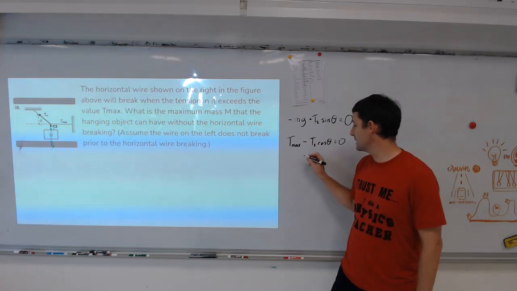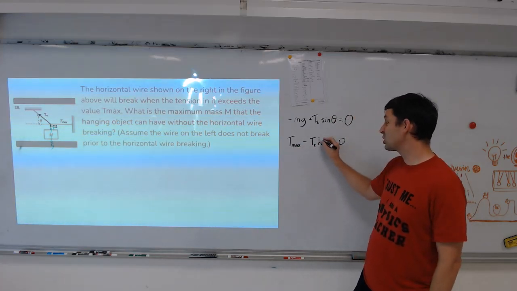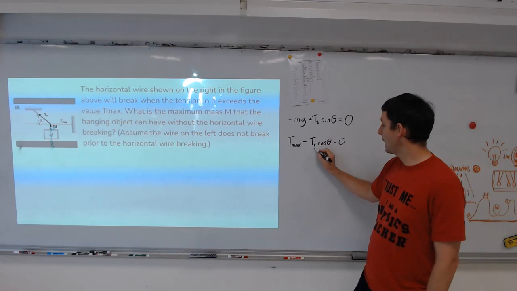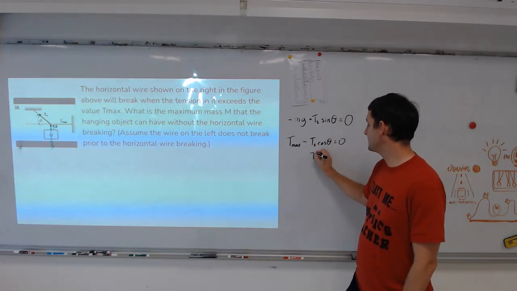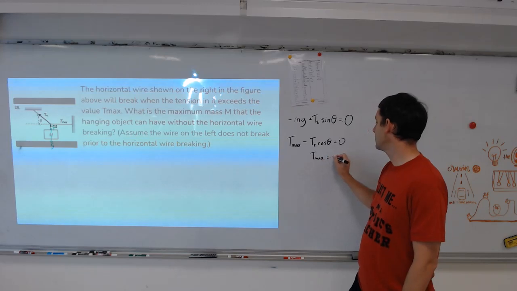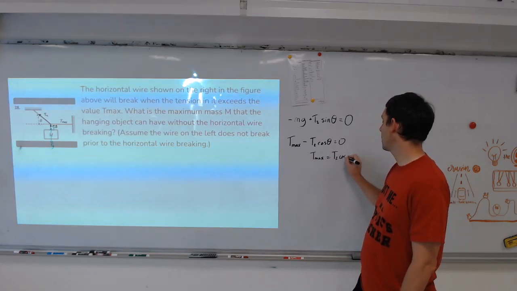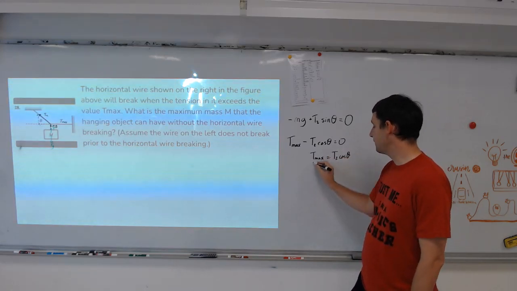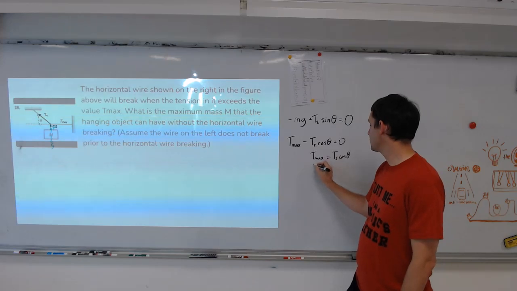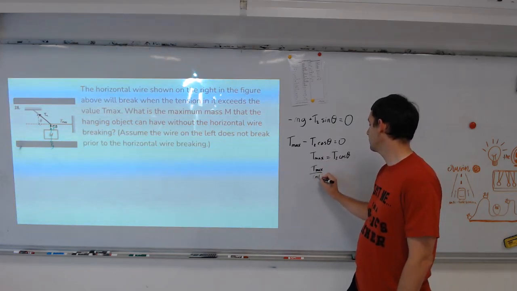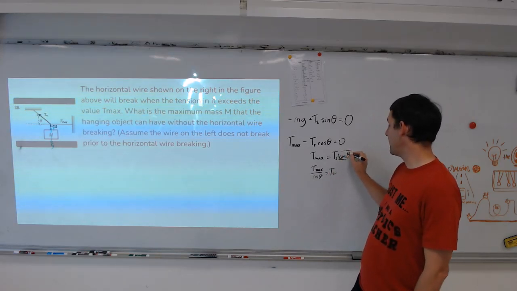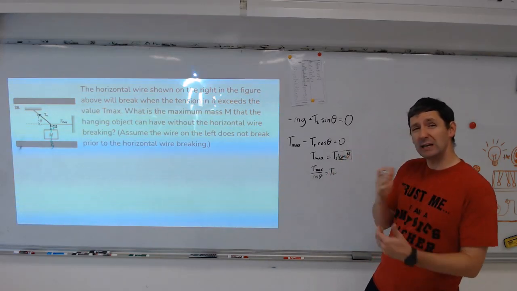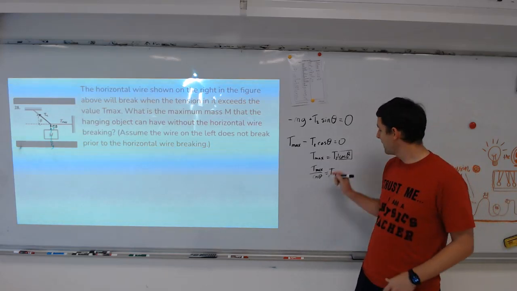So if that's the case, then I will be able to solve for T2 here, right? And so I'm going to add that to the other side. And so I'm going to have T max equals T2 cosine of theta. I'm going to divide by the cosine of theta, and so I'll have T max over cosine of theta is equal to T2. Cosine of theta, theta is acceptable, so I don't need to do any inverse trig functions. That's just a number, right?